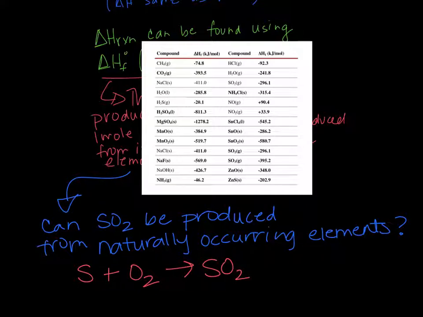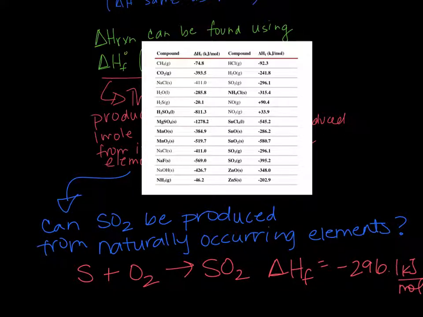If we look on that, it says that the delta H of formation for SO2 right here is negative 296.1 kilojoules per mole.